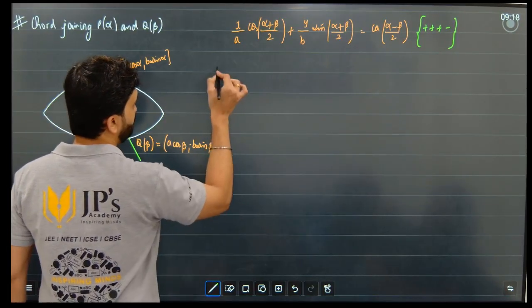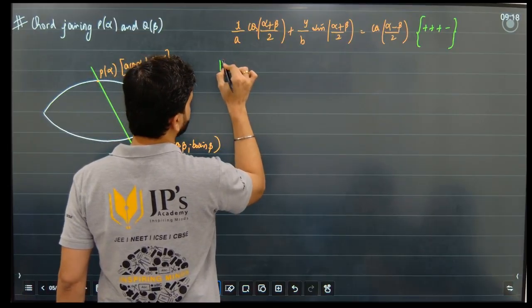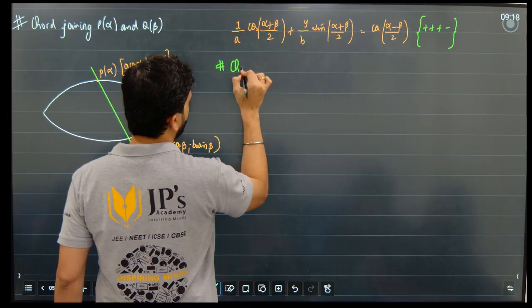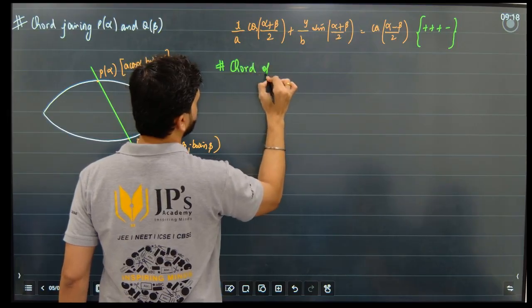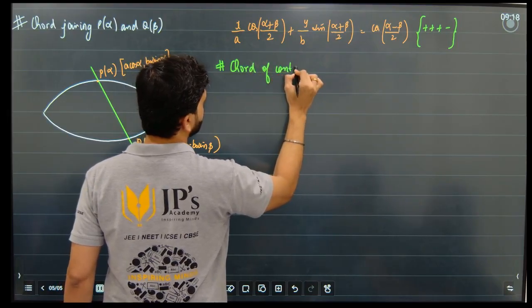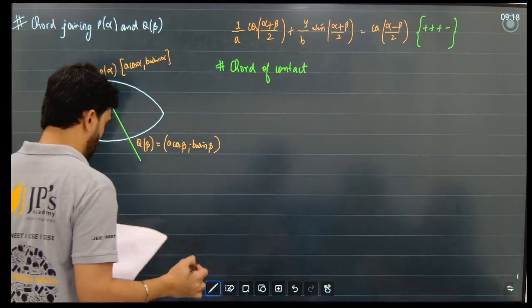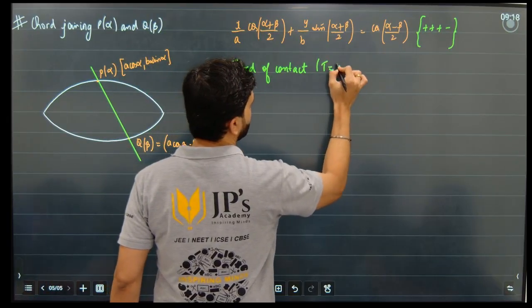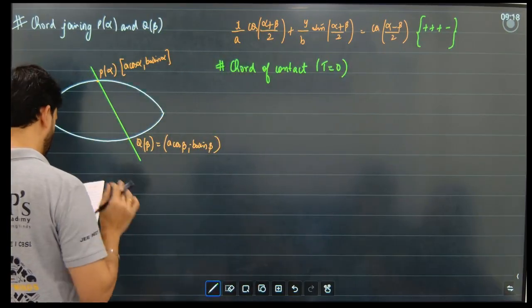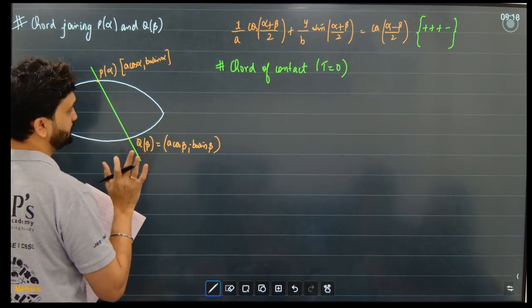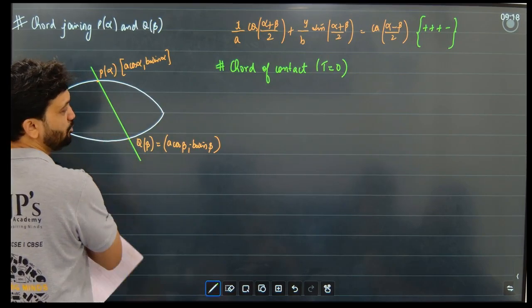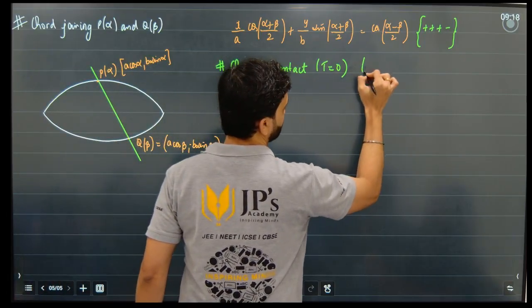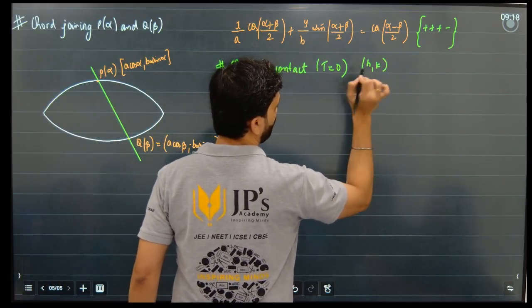Now, if I am talking about chord of contact, matlab basically t is equal to 0. What I have to do is, imagine the point is h comma k.